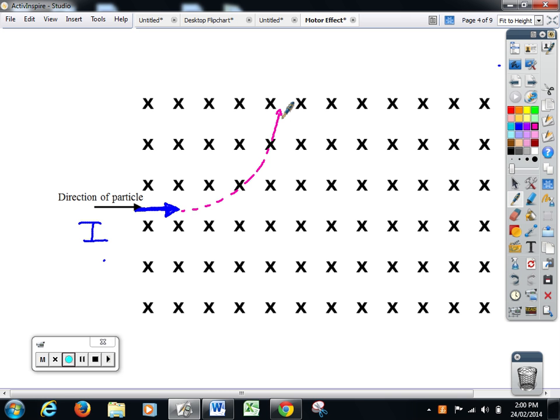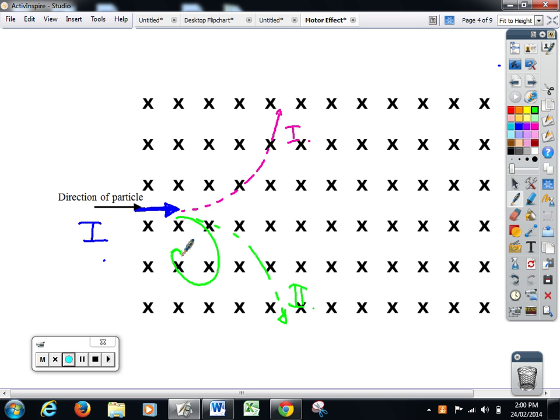That is option number 1. Option number 2 is that it will be pushed in that direction as part of a circle. Doesn't have to be a full circle, it depends on the strength of the magnetic field. I can make it go into a tighter circle or a more arcing path, but much less circle. Okay? But we're just trying to work out which direction it will go and in what shape.